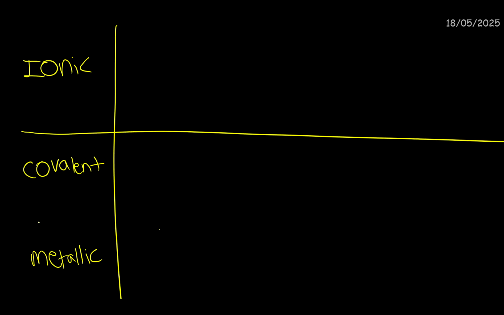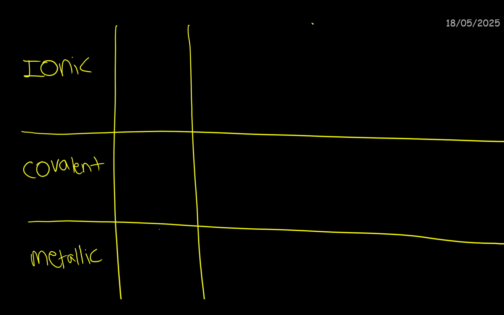Ionic, covalent, metallic. Okay, so if you want to copy out a table like this, it summarizes it quite well. Right. Okay, ionic. Ionic is between a metal and a non-metal.